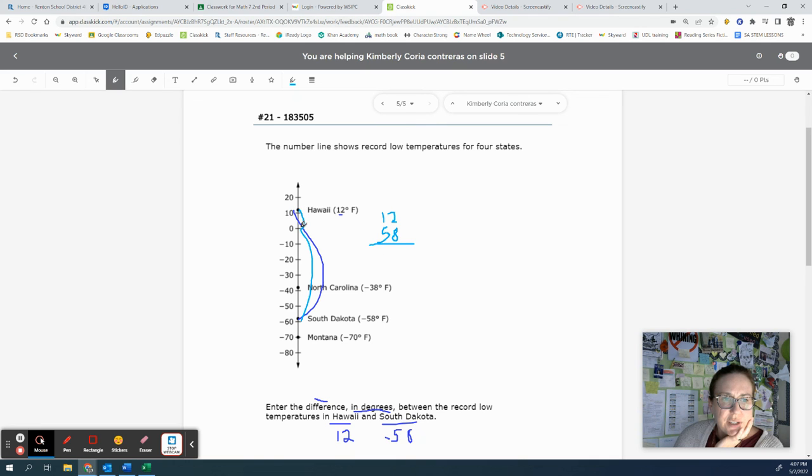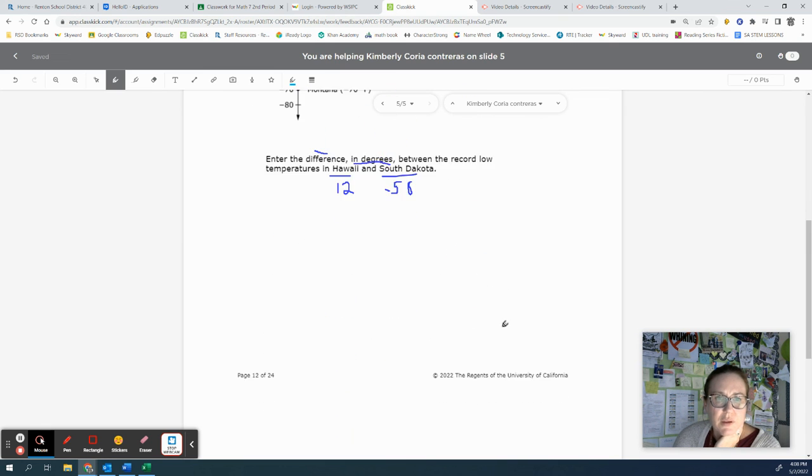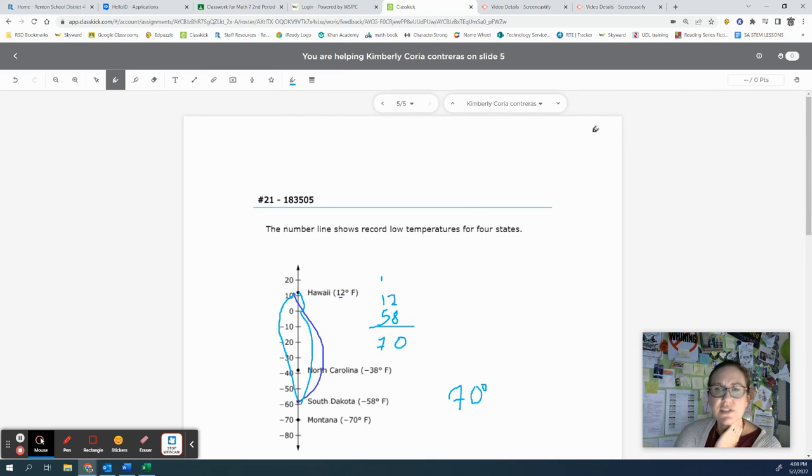We've got 12 degrees to get to 0 and then 58 more degrees to get to South Dakota. So that becomes 70. So there is a 70-degree difference between Hawaii and South Dakota. So 70-degree difference. And that is the end of this one.